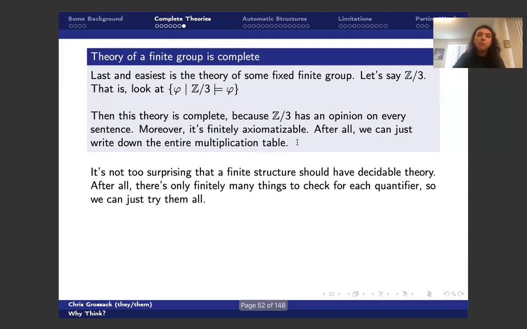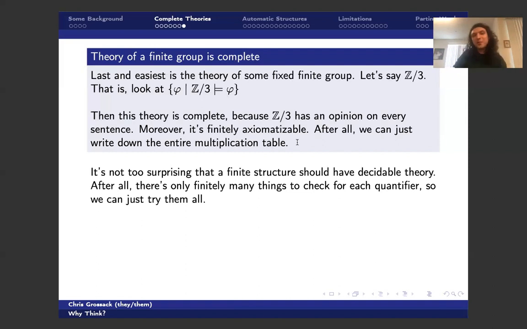Okay. And again, it's not too surprising that a finite structure should have decidable theory, right? If you give me some sentence and you ask, is this true for Z mod 3? It makes sense that you can just check, right? Every time you see a universal quantifier, you just check all three elements. And every time you see an existential quantifier, you check all three elements. So I guess that means this theory has quantifier elimination.